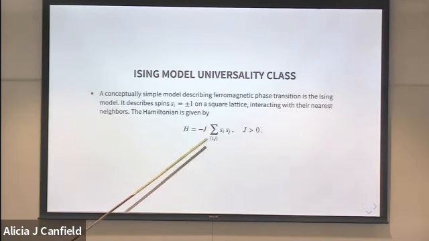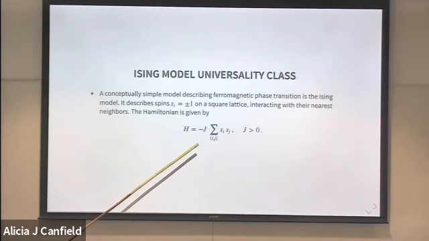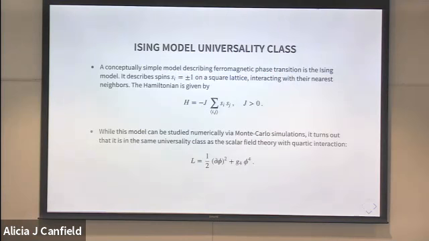You have spins sitting at sites i and j, and there's the Hamiltonian, with J greater than 0, so that you have a ferromagnetic state with the ordered state having the lowest energy. You can study that model. You can solve it exactly in 1 and 2 dimensions. You can study it numerically in 3 dimensions. But the interesting thing is that you can also have a continuum limit of it given by a scalar field theory with a quartic interaction.